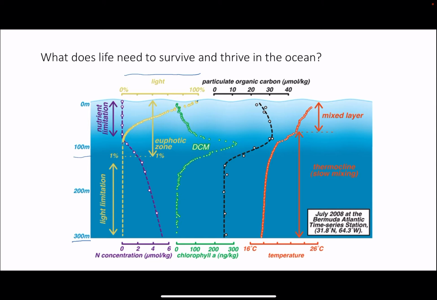The other thing about what happens with light hitting the surface ocean is this sunlight is warming the surface ocean. And so if you look now at the orange line, this is your temperature, and you can see here your thermocline as identified there. And then at the surface, you've got your mixed layer. And so the warming of these waters is making them less dense. And so it's what we call stratification.